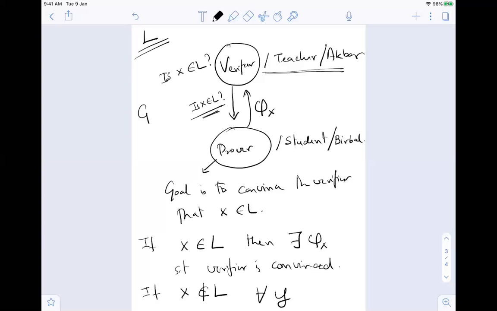The judge wants to check whether this person has done a fraud.